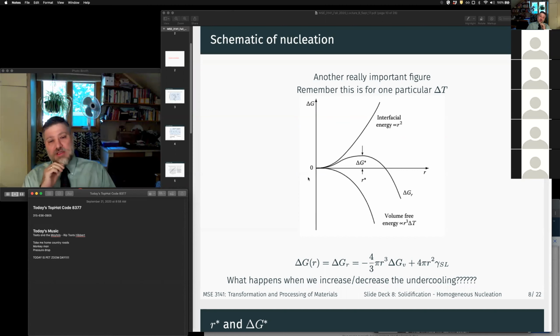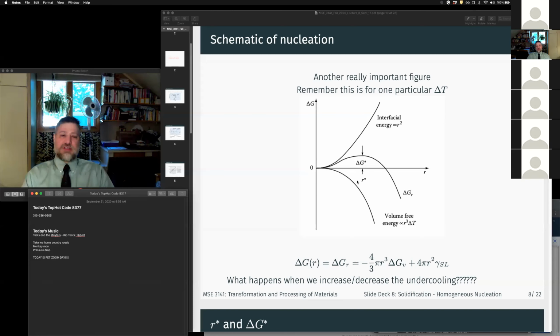So we have a penalty that we have to pay that goes with the radius squared, but we get the benefit because we want to be at our thermodynamically stable phase. That's something that's proportional to r cubed times the change in temperature. So this first term, the interfacial energy term, is initially larger, but the volume free energy term grows faster.